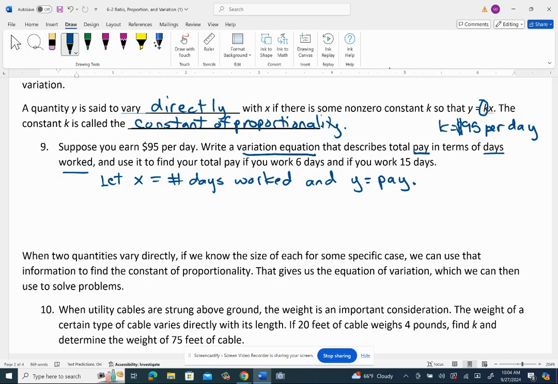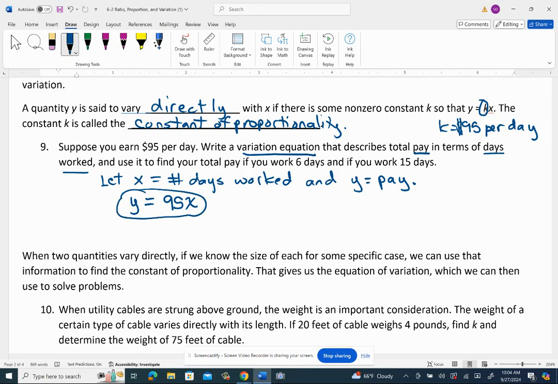Then our pay would equal 95 times the number of days worked. So 95x means 95 times x. That's the variation equation right there.